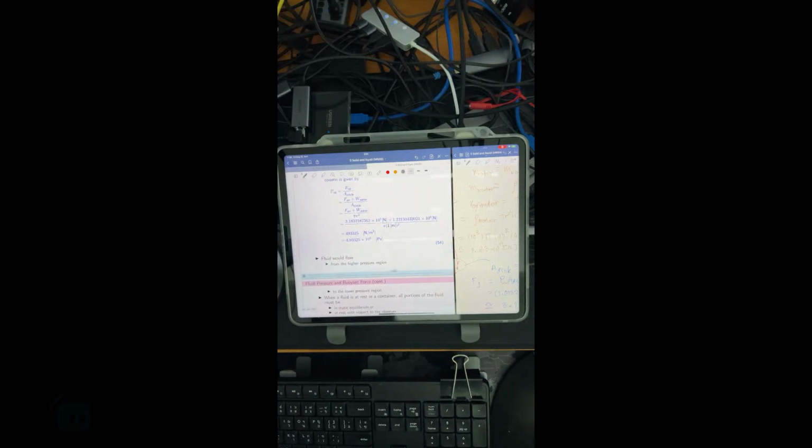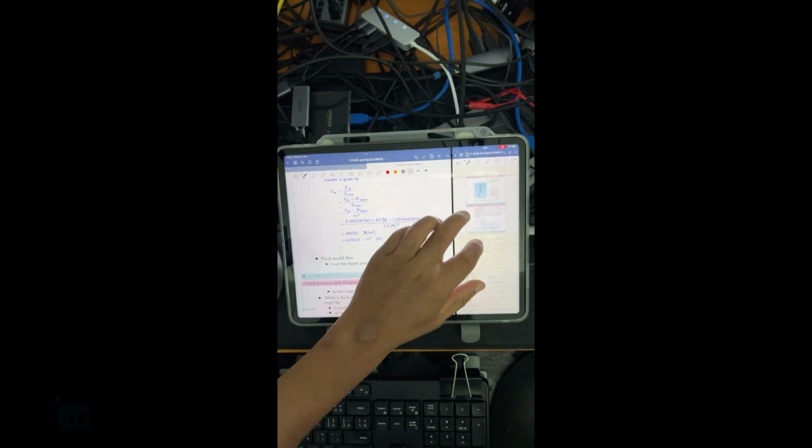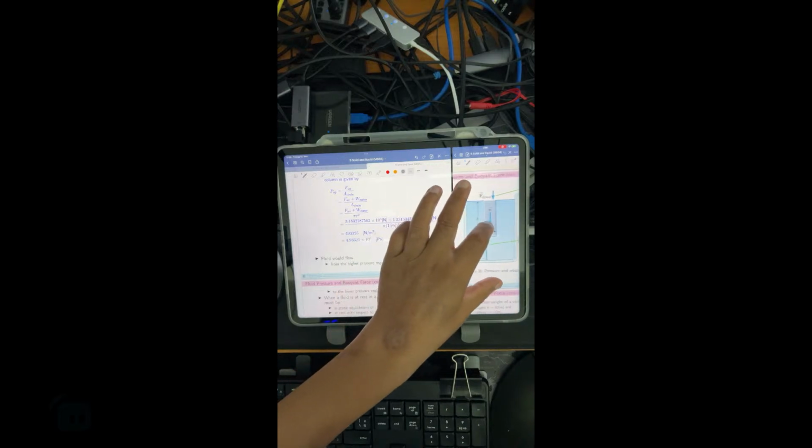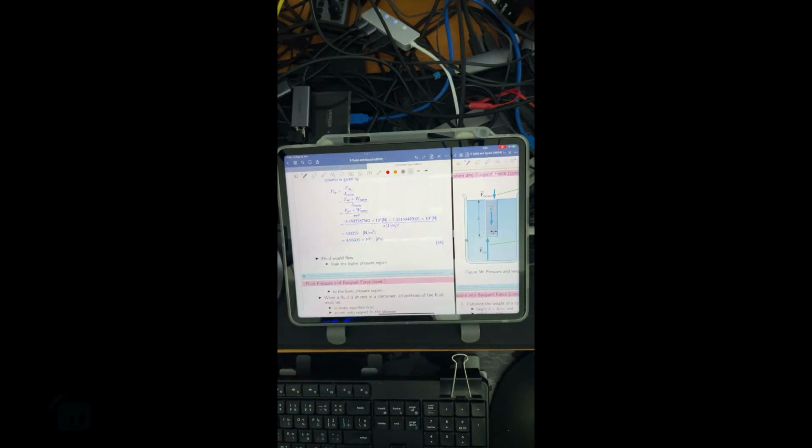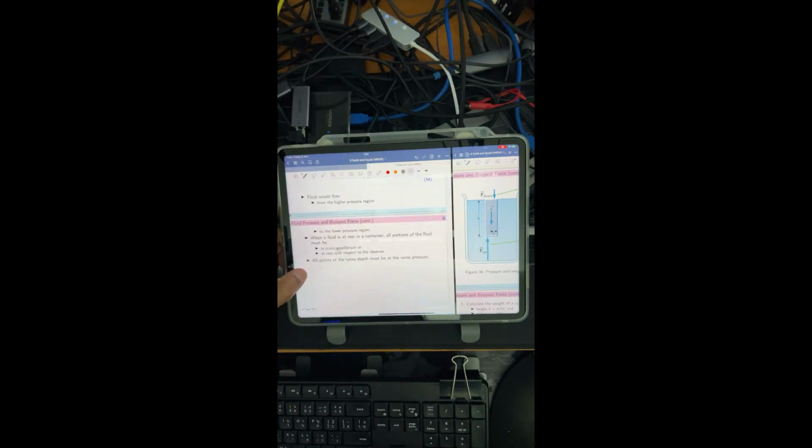Here you would see that when there is no water flow, at the same level you have the same pressure, whether it's close to the wall of the glass or in the center. At the same level there is the same value of pressure.